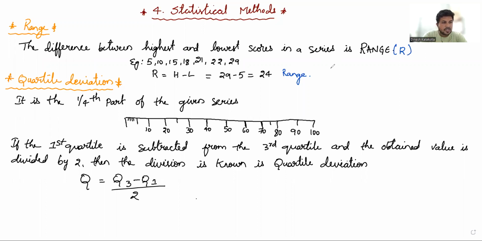Next is quartile deviation. It is the fourth part of the given series. If the first quartile is subtracted from the third quartile and the obtained value is divided by 2, then the result is known as the quartile deviation. So this second sentence explains the formula for quartile deviation.